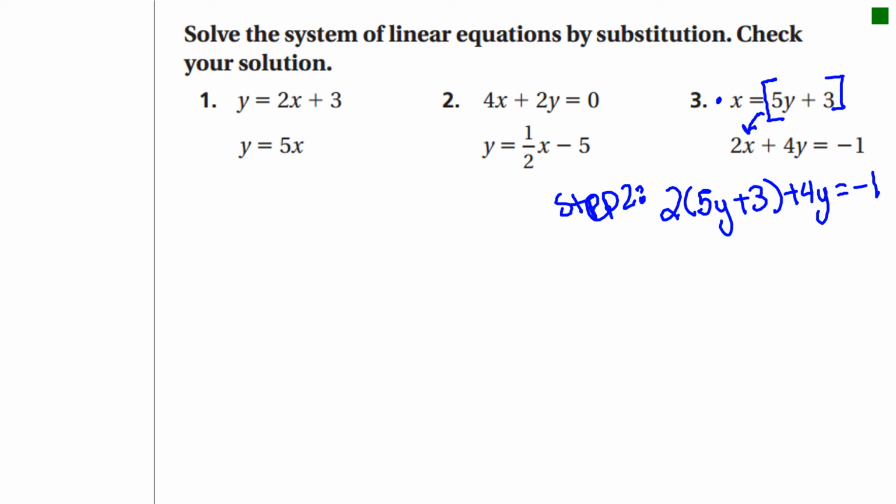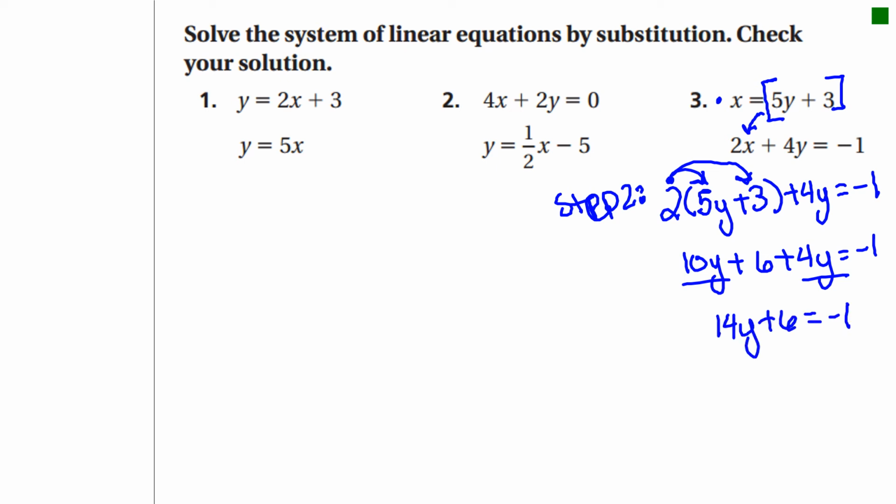My variable for this problem is y. So distribute, we're solving for y. 2 times 5 is 10. So 10 times y plus 2 times 3 is 6 plus 4y equals negative 1. Combine our like terms. So here's a like term, here's a like term. And it's addition, so we can move the order around and it would still be okay. 10 plus 4 is 14, so we have 14y plus 6 equals -1.